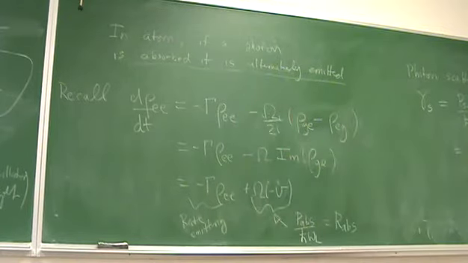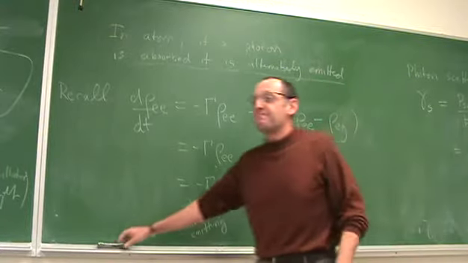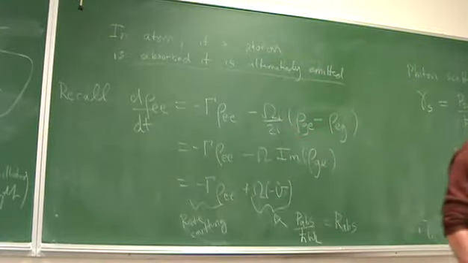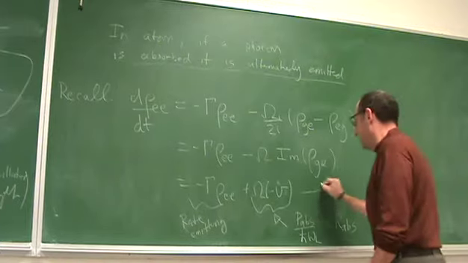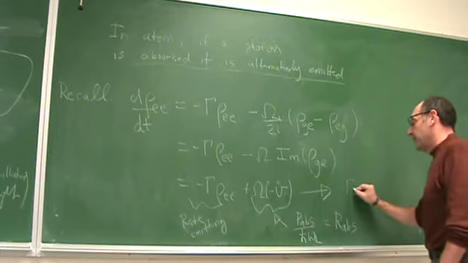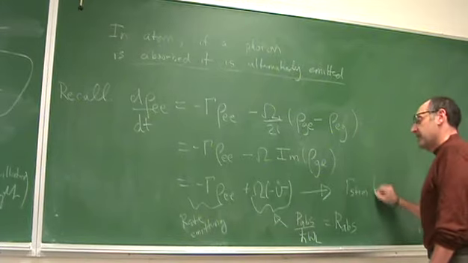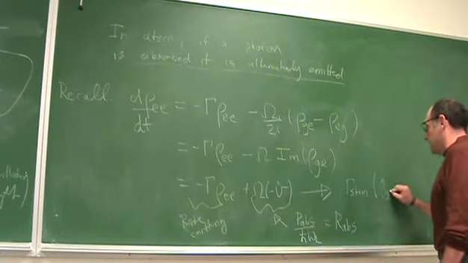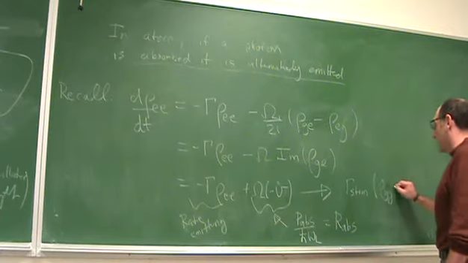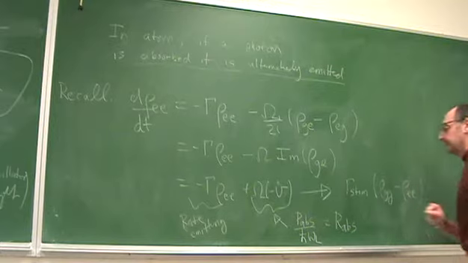However, let's be a little bit careful about this. Because remember, there's two kinds of emission. We had one emission we called stimulated emission, and one kind of emission we call spontaneous emission. Remember, this expression in steady state was equal to gamma stim times rho gg minus rho ee.